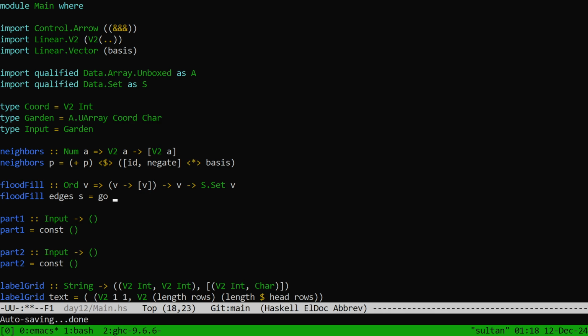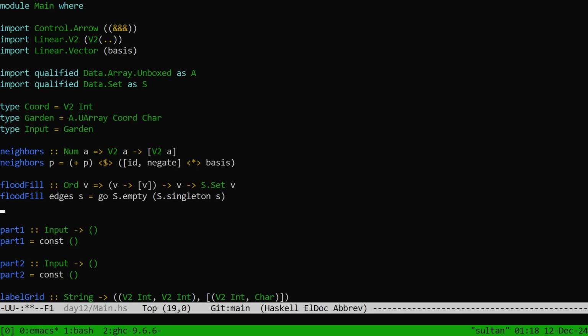And if it hasn't been seen, you add it to the seen set and add to the frontier everything that it is a neighbor of. That makes sense. So let's say we start with an empty seen set, and the singleton node S in our frontier, the node we want to explore.